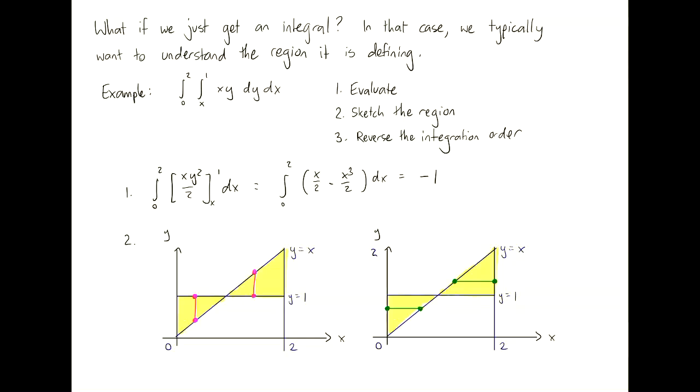So my x limit takes me here, and these things in here are my y limits. If I want to do the third step and reverse the integration order, then what I want to do is sweep out all of y.